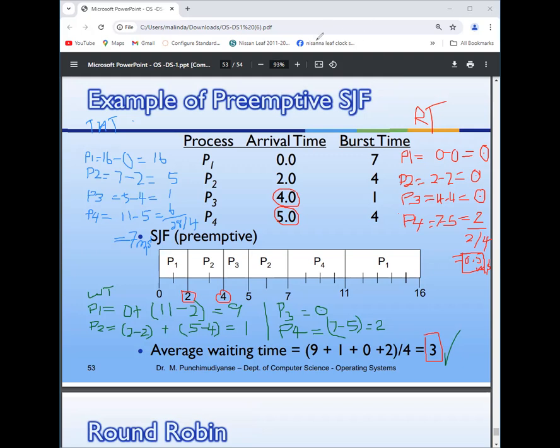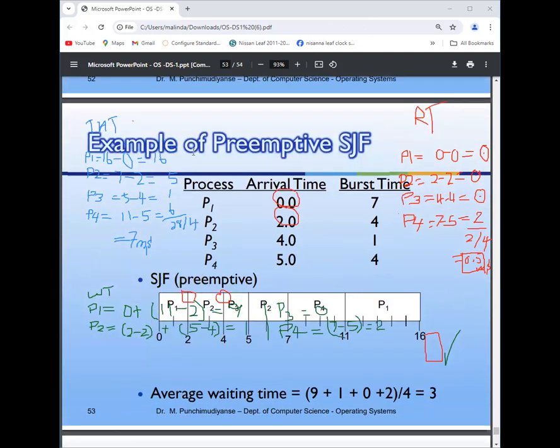So because of that, now let's see. So we have learned about. So I have to clear this.